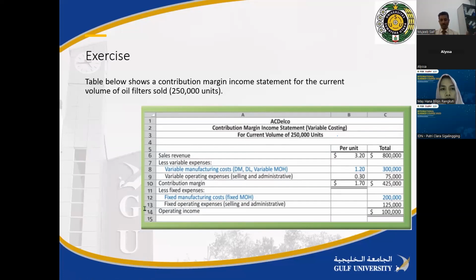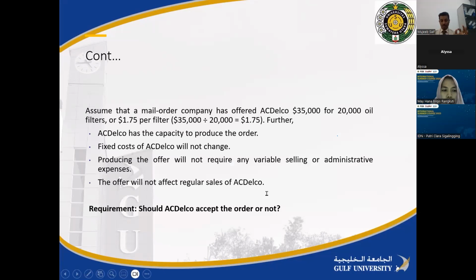It is mentioned in this exercise that we have capacity and fixed cost will not change. We already have all the elements, so there will be no additional fixed cost for this special order.